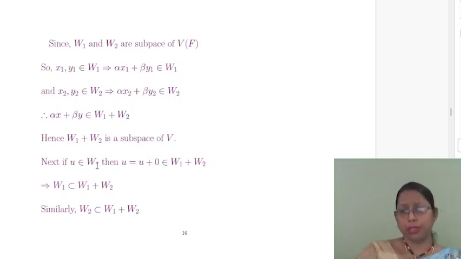Take any element v in w2, then v can be written as 0 plus v, that belongs to w1 plus w2. So w1, w2 is a subset of w1 plus w2. That means w1 union w2 is a subset of w1 plus w2.